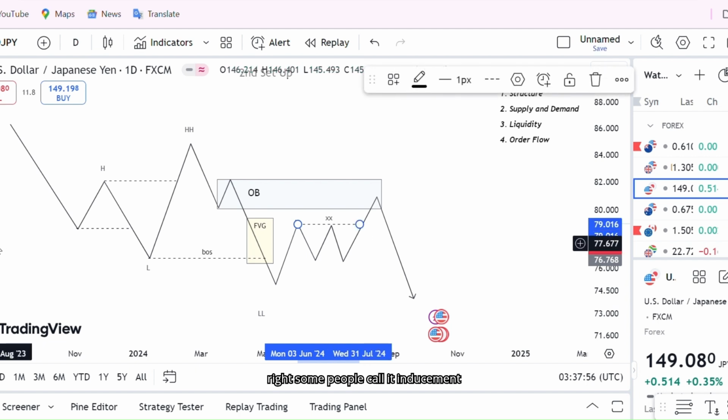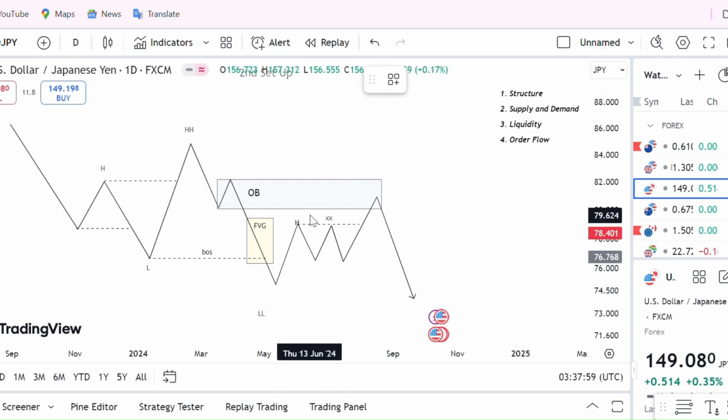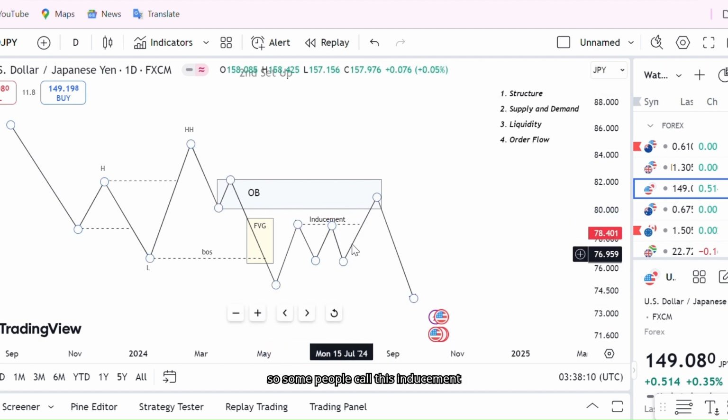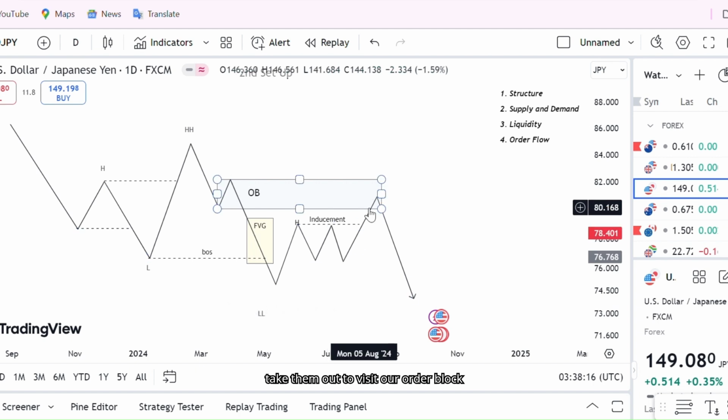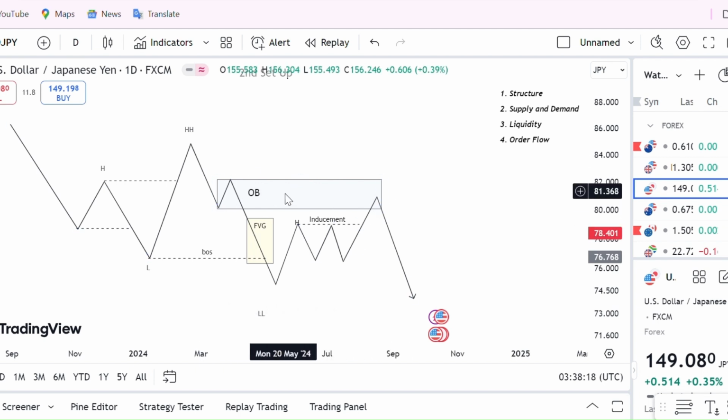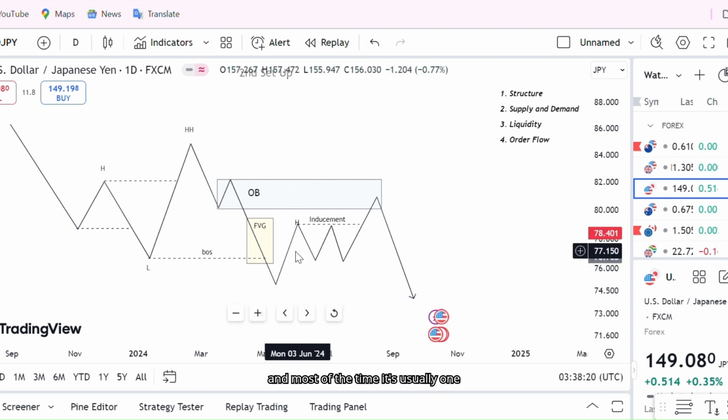Some people call it inducement. Let me write it. So some people call this inducement, when the market is creating two highs and takes them out to visit our order block. And most of the time it's usually one high, right, which forms a liquidity.